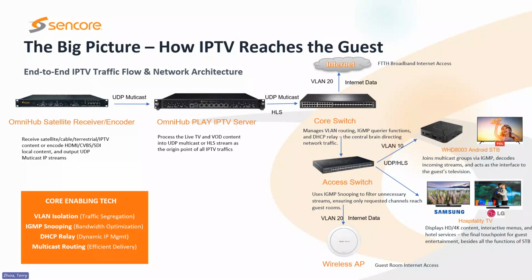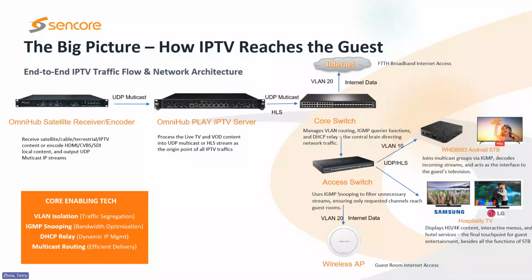And we can also receive content from a cable operator, the DVB-C signal for instance. We can receive and decrypt it, and then convert to UDP multicast. Sometimes we receive content from an IPTV content provider. They can simply provide HLS streams or UDP multicast streams via MPLS technology to transmit from their central station to each hotel, hospital, or other entity.